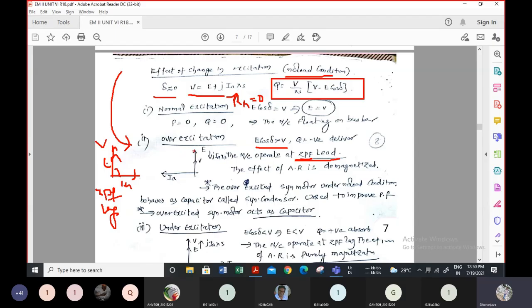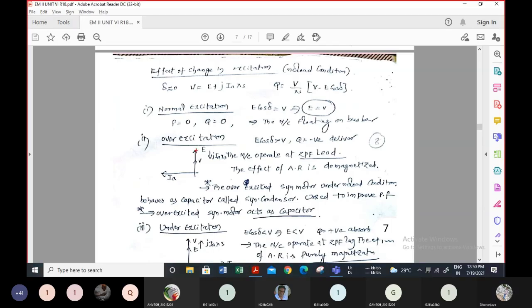This is E, and I will represent IA XS in the reverse. This is J into IA XS, and the resultant one will be V. The line which I am representing with this will be V. As it is ZPF lead, I represent the perpendicular in the opposite direction, so IA XS is represented in the opposite and the value of V will be minimized.